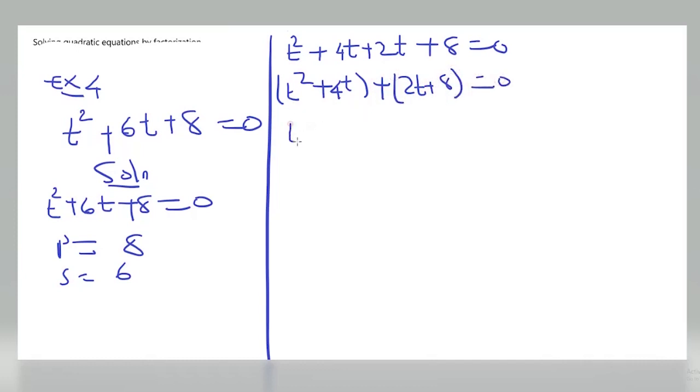Take a t outside the bracket, then t plus 4, then plus 2. Inside the bracket, I'm going to have t plus 8, t plus 8, which is equal to 0. Then this one will end up on t plus 2. Then there is a mistake here. Okay, here.